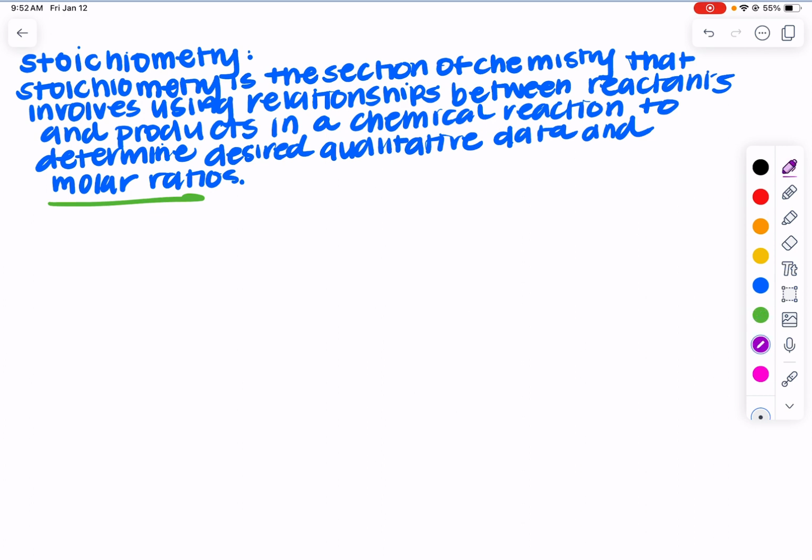I'm going to give you an example of a chemical equation, and let's say that we have rubidium phosphide, and that decomposes into rubidium and phosphorus, okay?